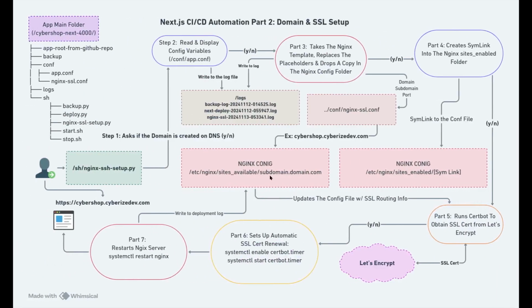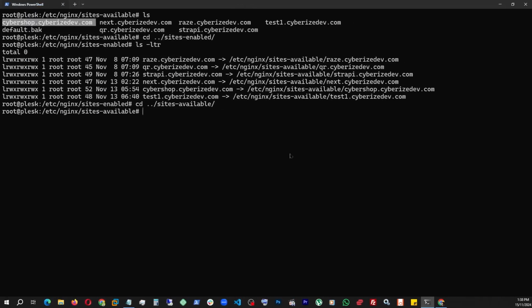So once that is done, we go to step number 4, and this is where the script goes ahead and creates a symbolic link to this folder: /nginx sites enabled, symbolic link to this guy right here, just as you see here.